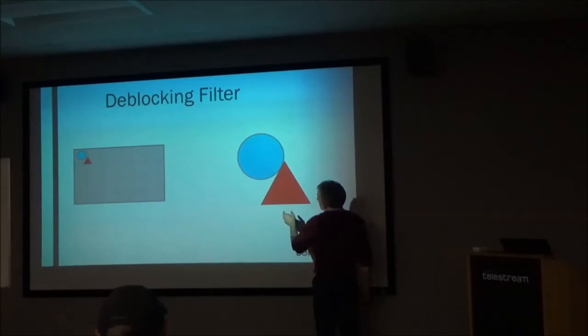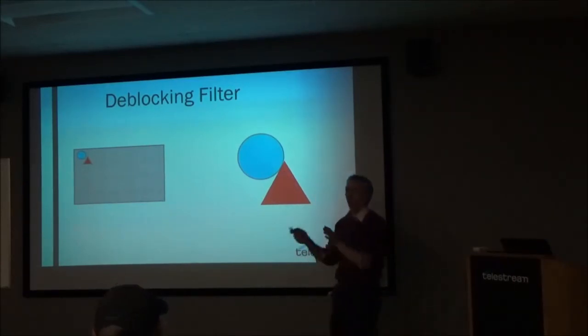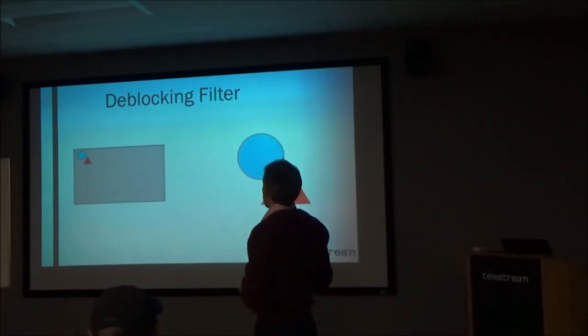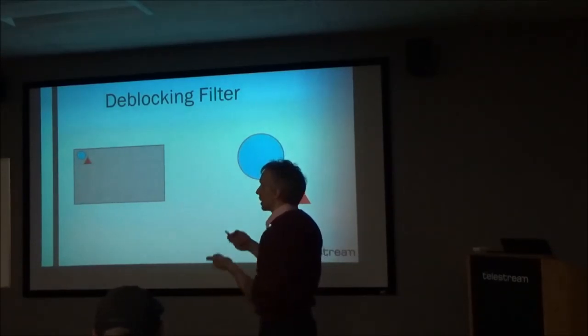It's just a conventional filter, like a low-pass filter, that would go across the transition and blend the one into the other and kind of hide those boundaries from you. That's done on the decoder side, but the encoder knows about it so that it can factor that into the next pictures that it transmits.